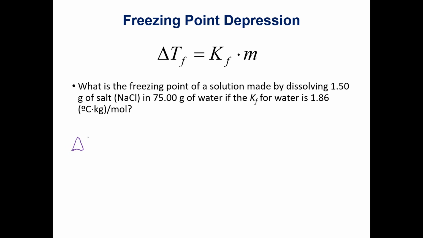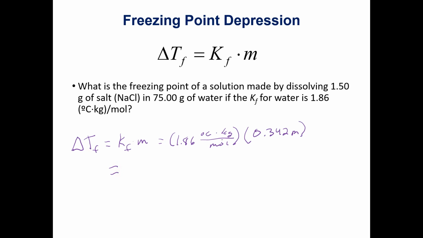So if we take our equation here, the change in the freezing point is equal to the constant times the molality, and our constant is given to us as 1.86 degrees Celsius times kilogram per mole. And we calculated that the molality of this solution was 0.342 molal.